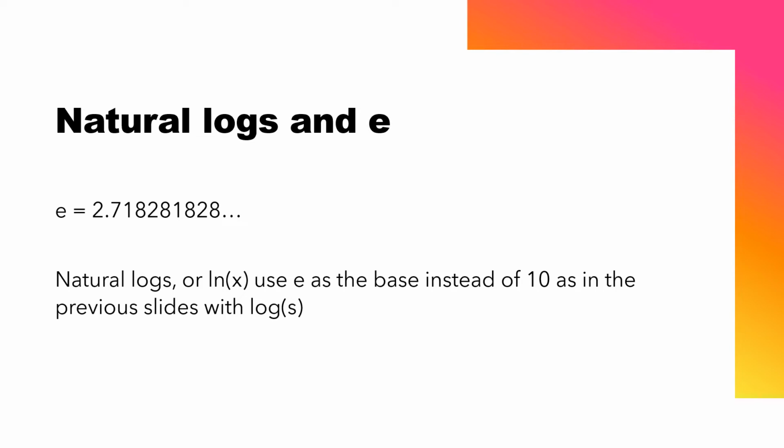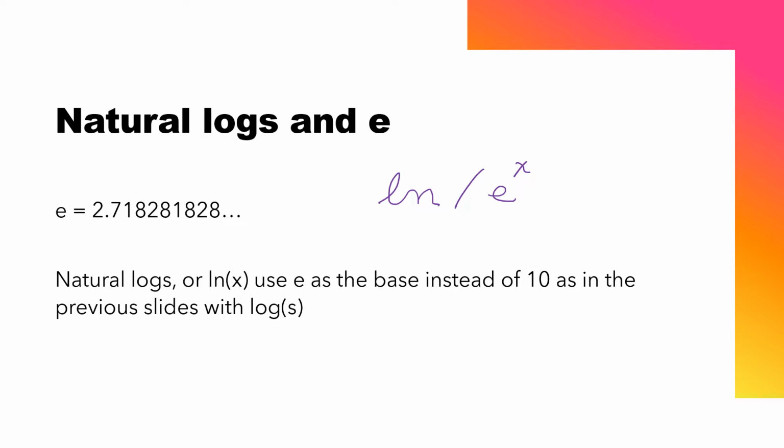So pretty much everything we did back there with base 10 logs, we can do the exact same thing with natural logs. The one big difference is that we are using a different button on most calculators. We're going to be using the ln button with the second function of e to the x.